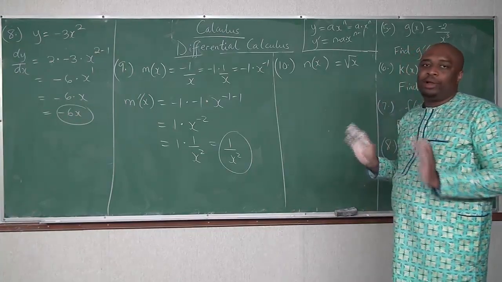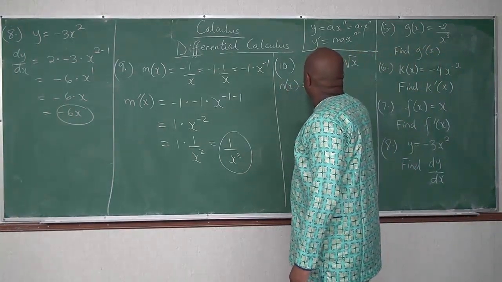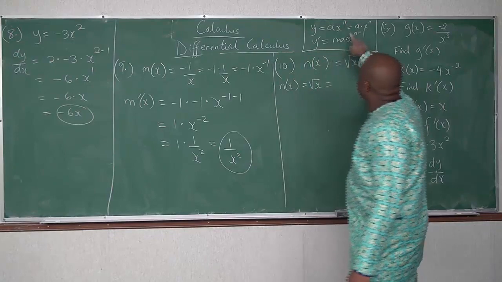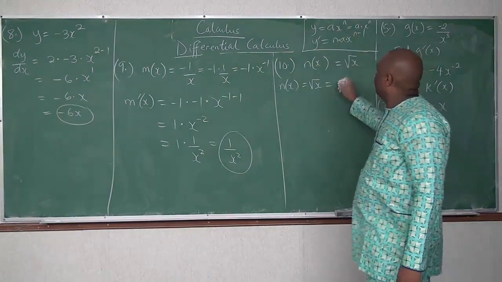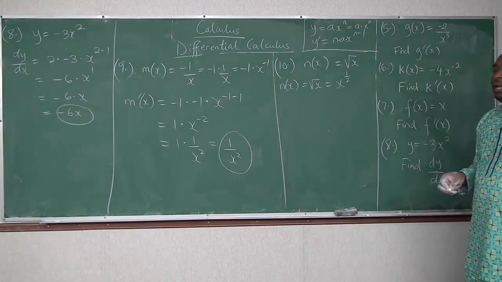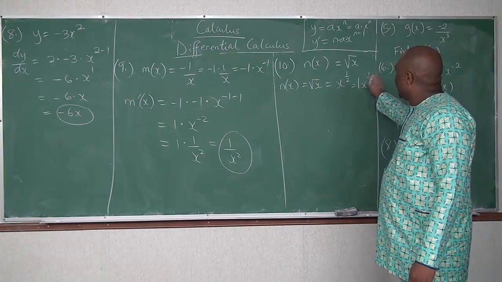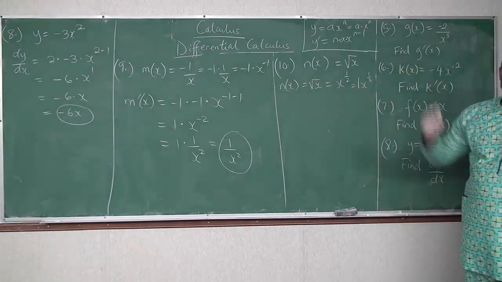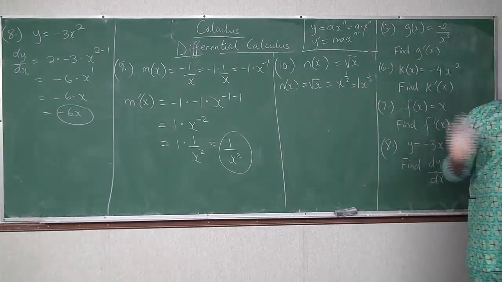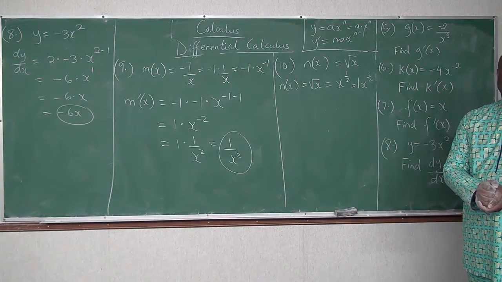So it's the same principle we're going to follow here. Okay, n of x is square root of x, which is a fractional exponent. We put it in this form: x exponent 1/2. If you want it in this form, you put 1 times x exponent 1/2. You must not, but I am trying to explain it to you so that you can understand.